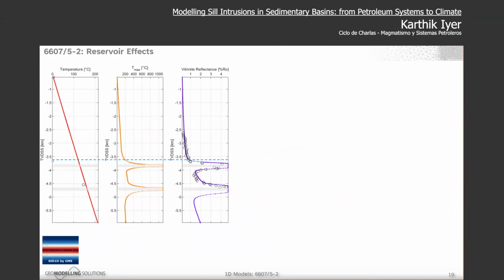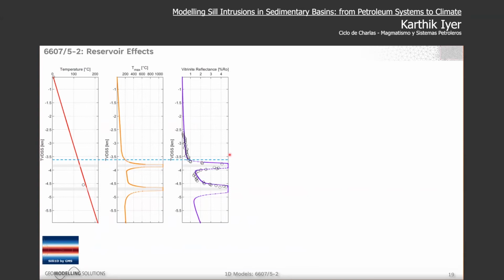But besides hydrocarbon generation, like I mentioned in my introductory slide, it also has effects on reservoirs, or could potentially have effects on reservoirs. So we can also look at that or try to quantify it by just looking at the temperature history of what happens at this point around 3.6 kilometers depth in a model.